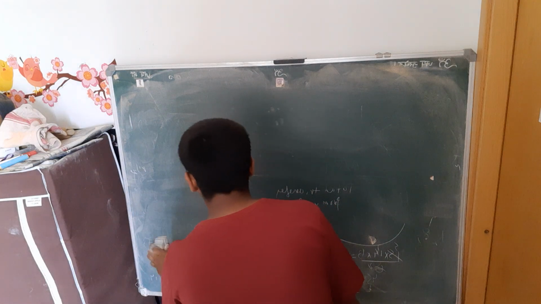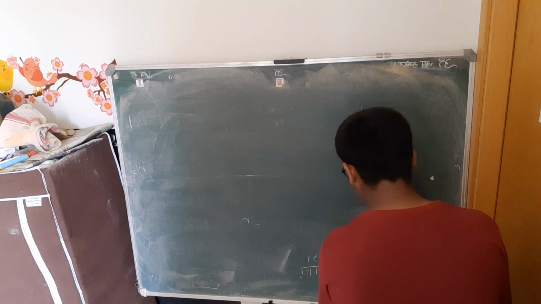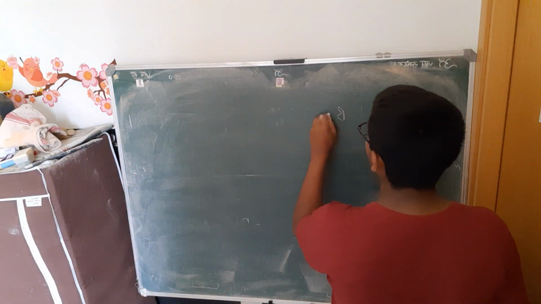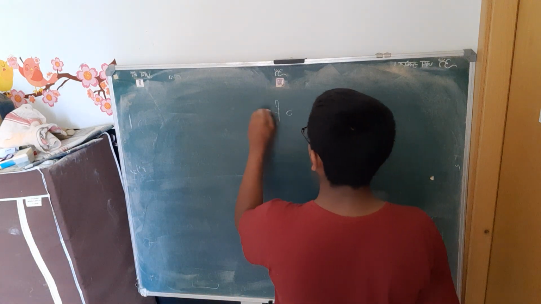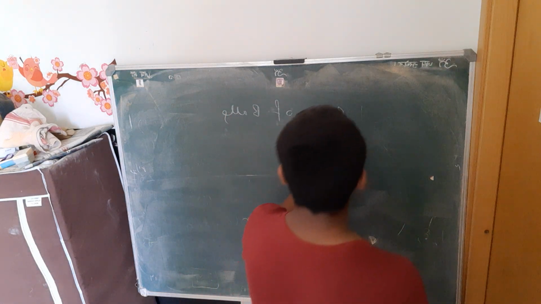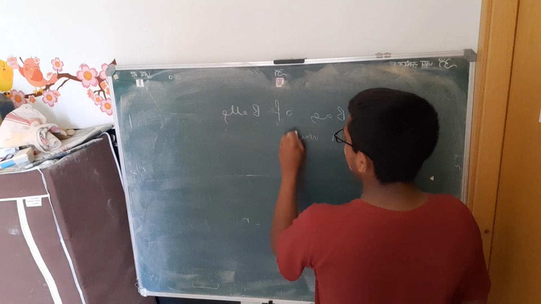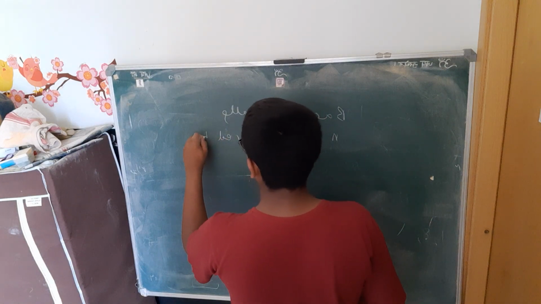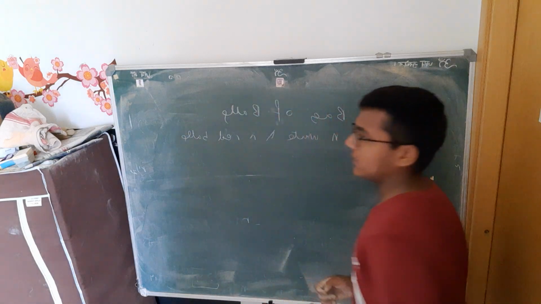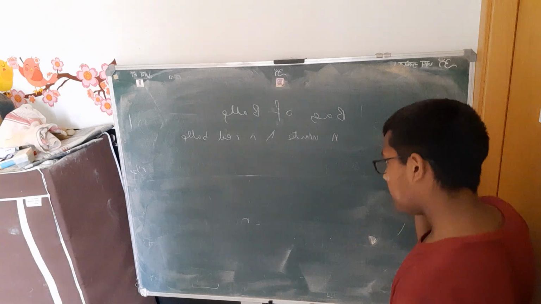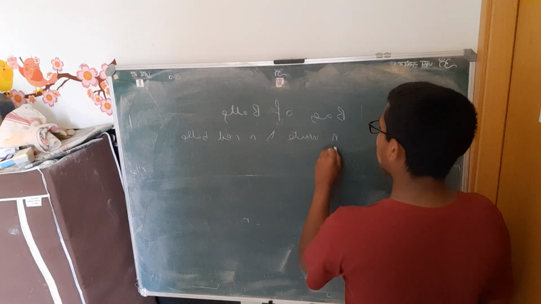Now let us come to our final question for today. Bag of balls. In this question, you have n white and n red balls in a bag, and we are pulling out 2 without replacement every time.